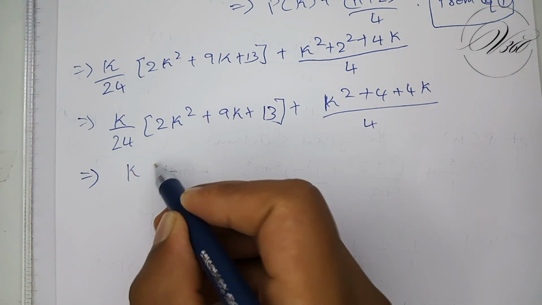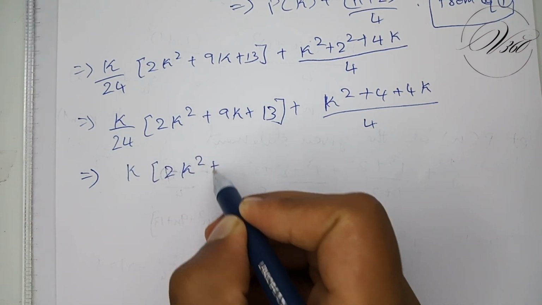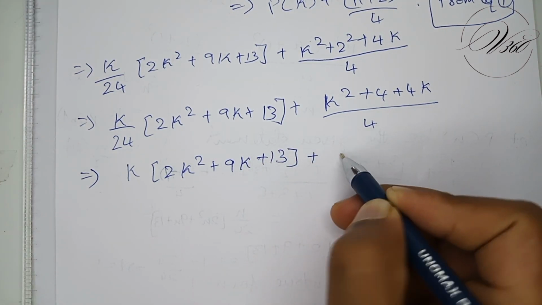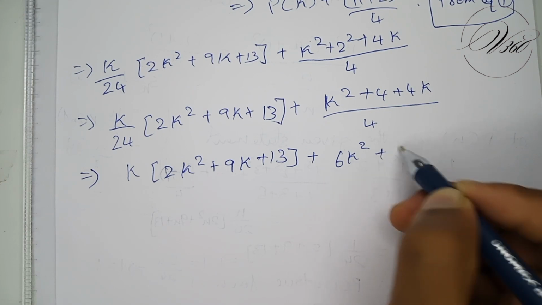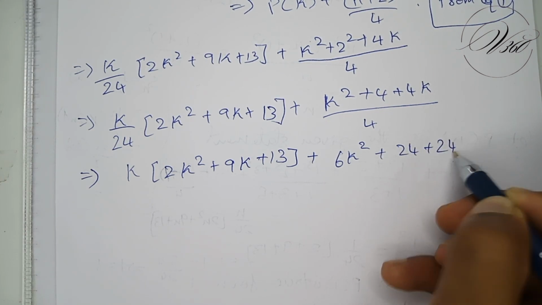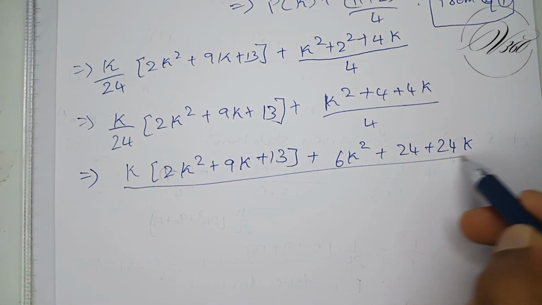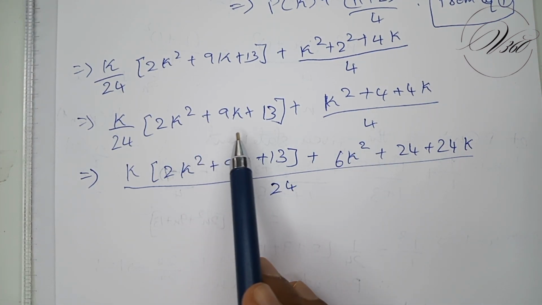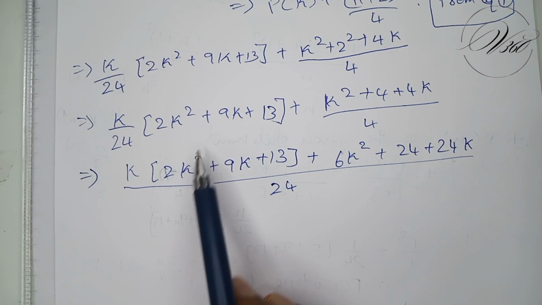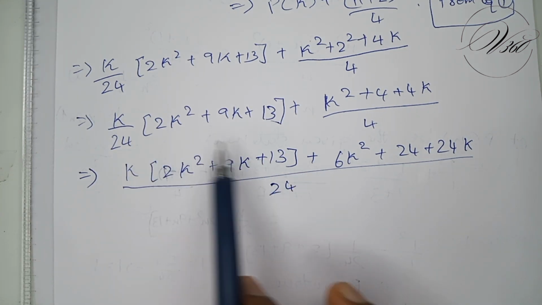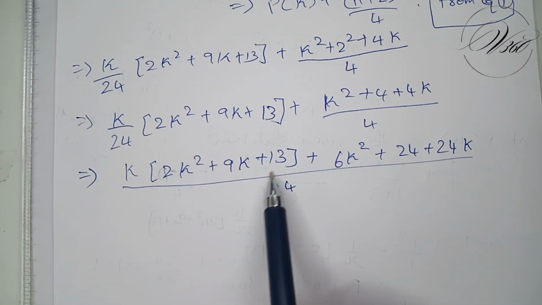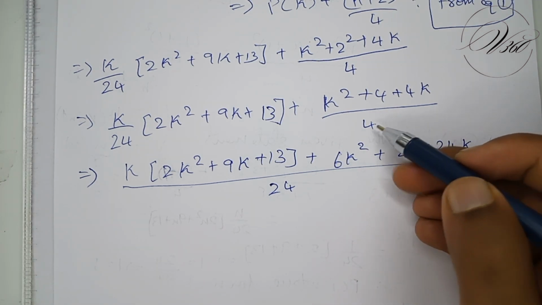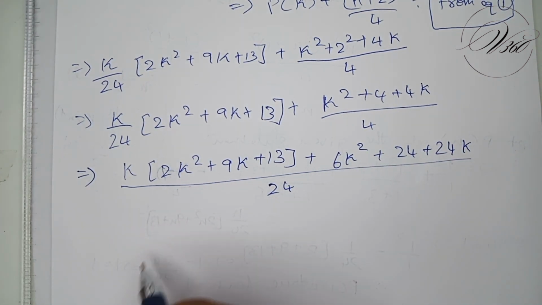So here k of 2k square plus 9k plus 13 plus 6k square plus 24 plus 24k by 24. Till here we did not take the LCM. Now here we have separated it and multiplied like this, and we took the whole thing divided by 24.